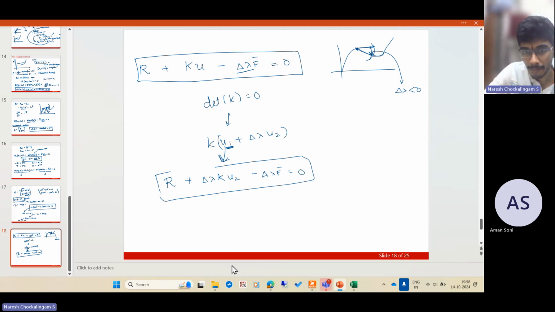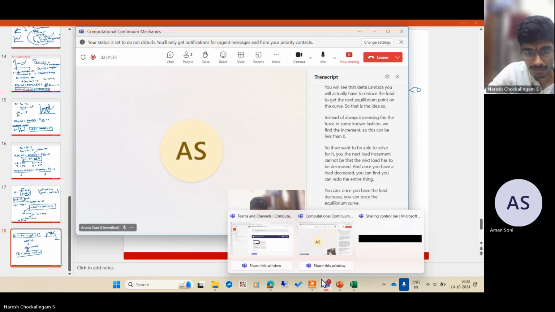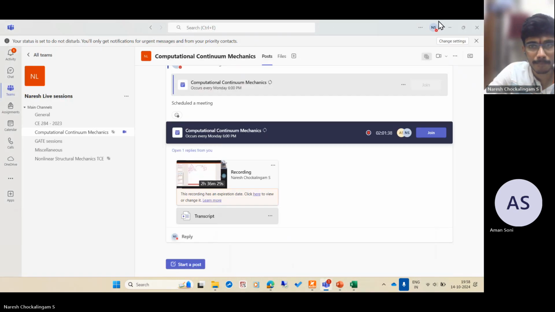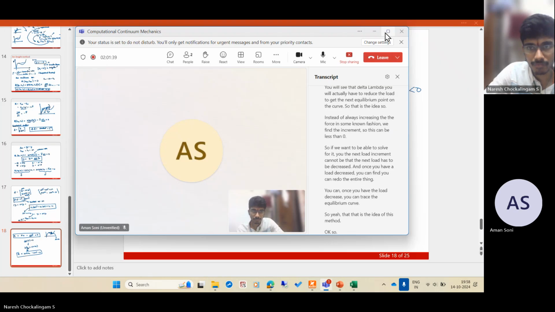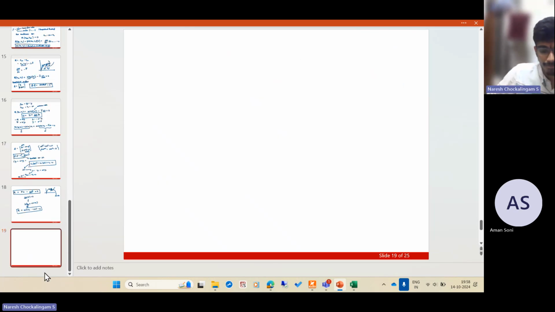Okay, so let us solve some problems. If you see, there is something incorrect in the solution of an example problem on a slide.